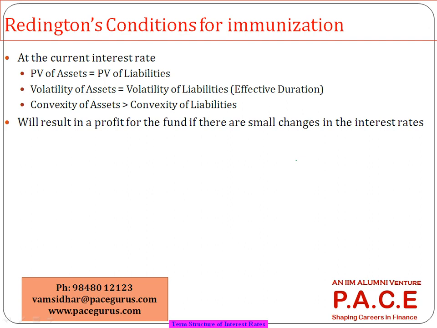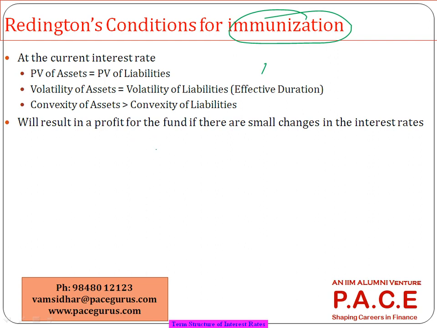And for any portfolio manager, at one individual portfolio layer, or even at a fund manager layer, or even at a bank layer, which is handling multiples of portfolios, for any kind of an organization or a portfolio, what we are saying is, I want to check out whether that portfolio is immunized or not.